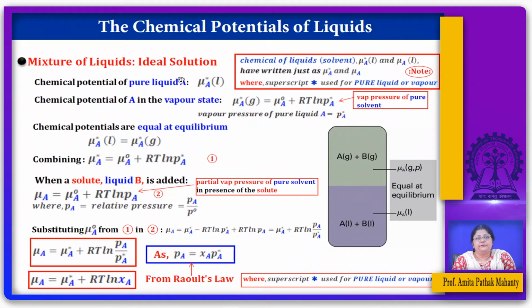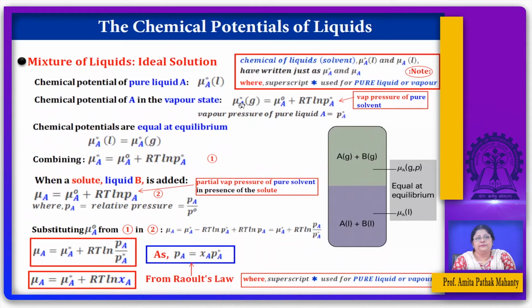Now, since the liquid is going to vaporize, the liquid is going to be in equilibrium with the vapor system. So here I can apply the equilibrium equation, that the chemical potential of the liquid should be equal to the chemical potential of the gas of that particular species. Since only liquid A is present, I can write that the chemical potential of the liquid A in the pure state is equal to the chemical potential of A in the vapor state when no other liquid is present.